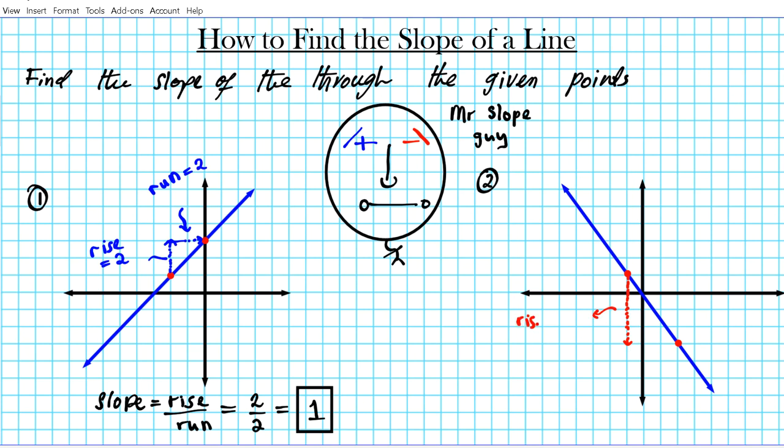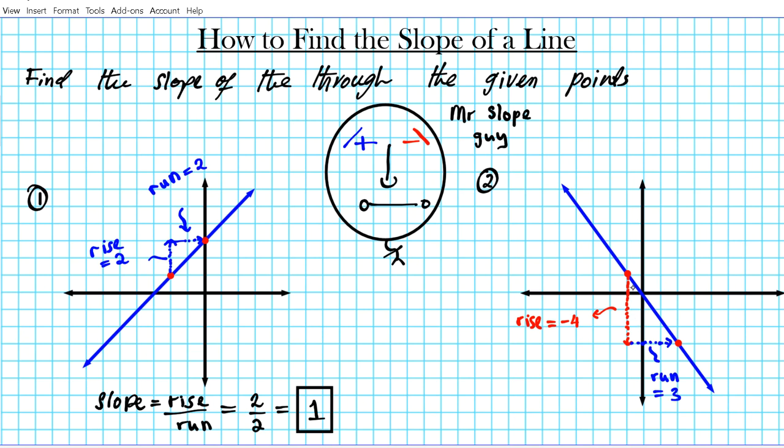So our rise is negative 4. And then what's our run going to be? We're going to go to the right, 1, 2, 3. So our run is 3 units. And that's positive since it's going to the right.